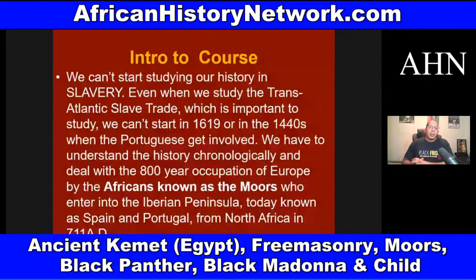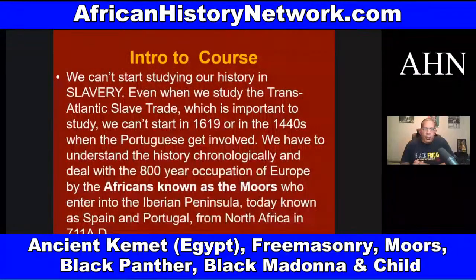So we can start studying our history in slavery. Even when we study the transatlantic slave trade, which is important to study, we can't start in 1619 or in the 1440s and 1441 with the Portuguese Anton Gonçalves going into what is present-day Mauritania and picking up Africans, taking them back to Portugal.